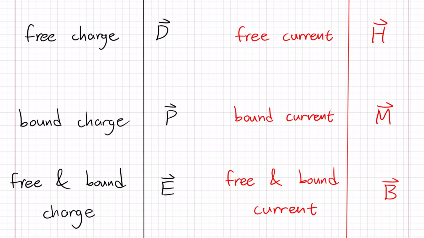So we can treat the electric field intensity as coming both from free and bound charges. We can treat the magnetic field in a similar way: free current generates the magnetic field intensity, and inside a material there's a bound current generating magnetization. So we can treat the magnetic flux density field as coming both from free and bound current.